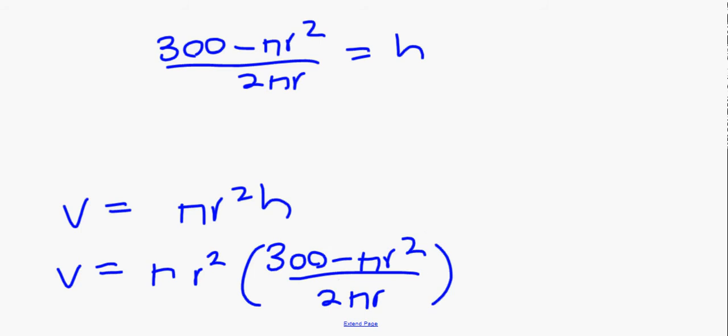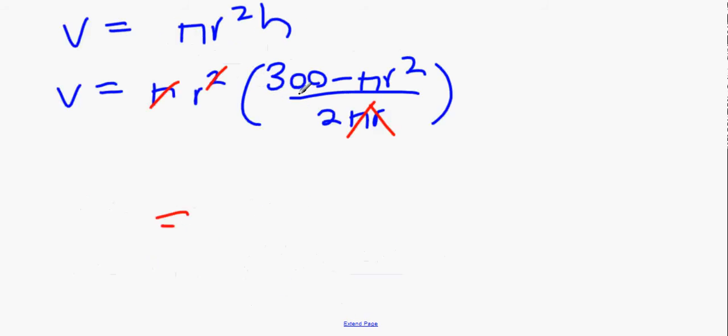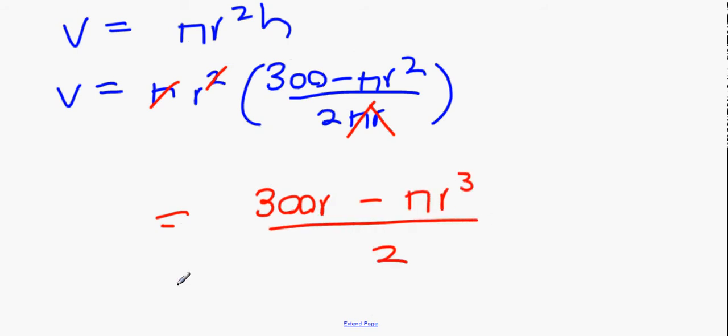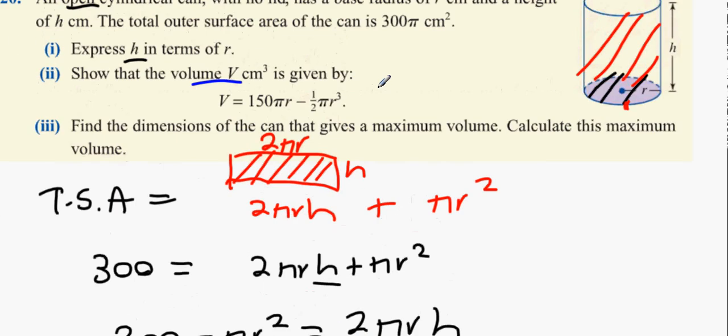Now what's going to happen here is that this r can cancel with this one here, this pi can cancel with this pi here, and multiplying in by r, we're going to get 300r minus pi r cubed all over 2. Break that in half, we're going to get 150r minus pi r cubed all over 2 equals V. And that's what we're asked to do.